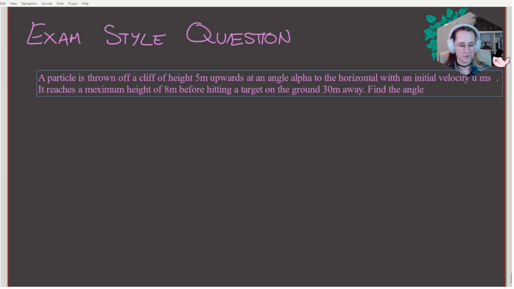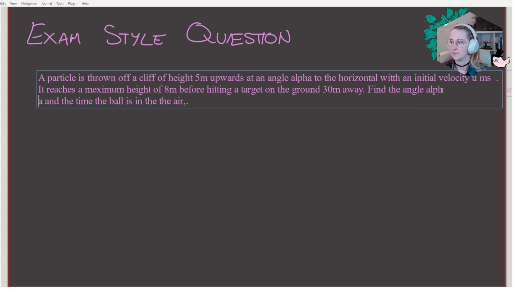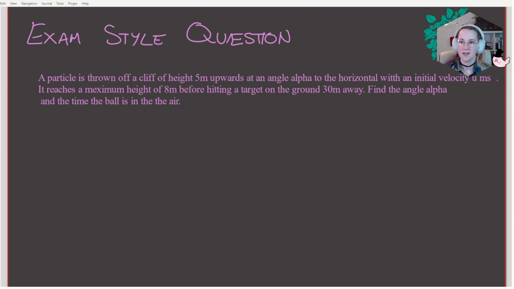Find the angle alpha and the time the ball is in the air. And then we just need u meters per second there. Find the angle alpha. Okay, that's the question.